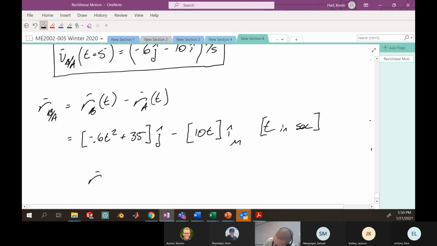We can plug in here and get the position of car B relative to A at time t equals 5 seconds: negative 50 i plus 20 j meters.